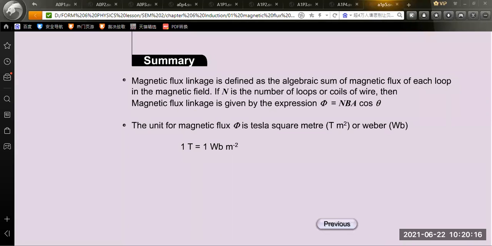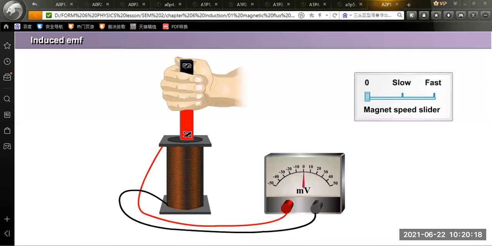Let's look at the next slide. The slide shows a magnet ready to move into a solenoid, where the solenoid is connected to a milliwatt meter to measure the magnitude of the induced EMF.